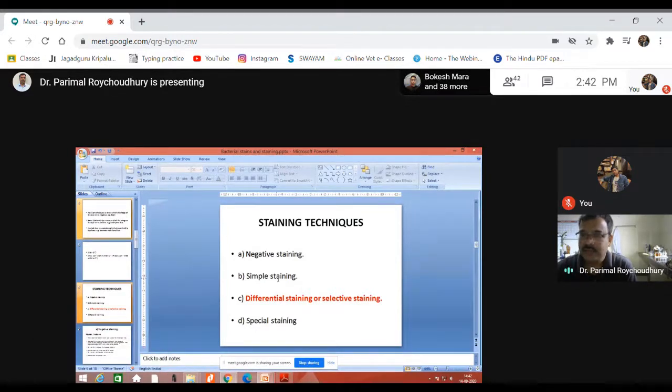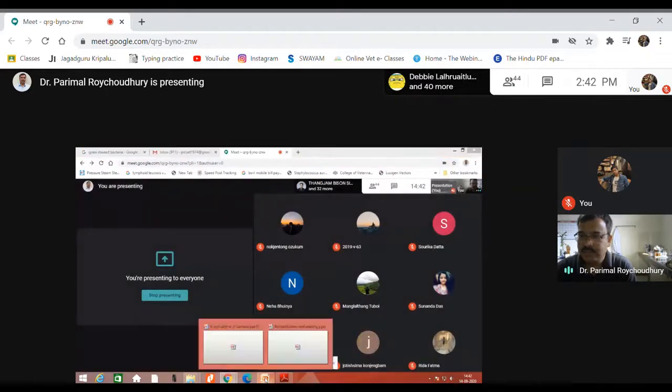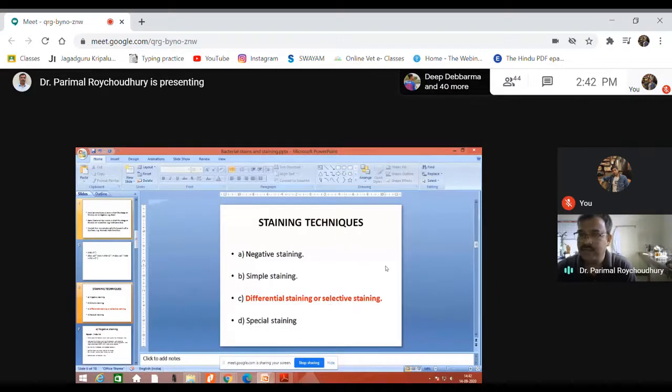So simple staining is the second example of staining technique. Basically we perform it if we just rapidly want to see the shape of the bacteria. We just pick up one dye compound and put it on the bacteria. The bacteria will take the color, and then we can see the bacteria under the microscope and find out whether it is a coccus, a bacillus, its arrangement, streptobacilli, streptococcus, or staphylococcus, or a spirillum, etc. We can just understand the shape of the bacteria.